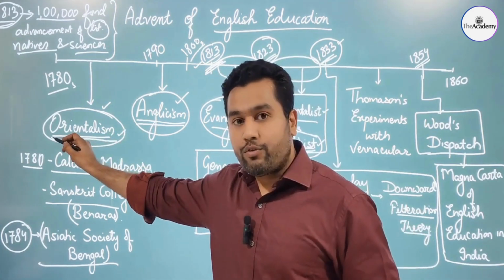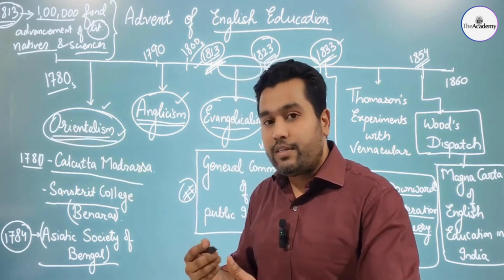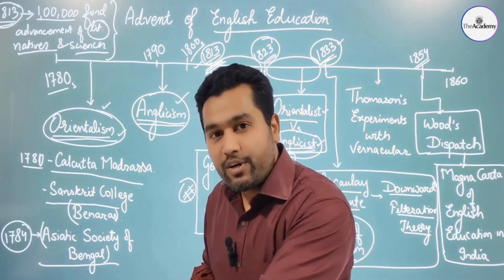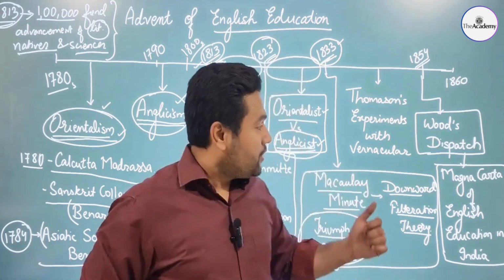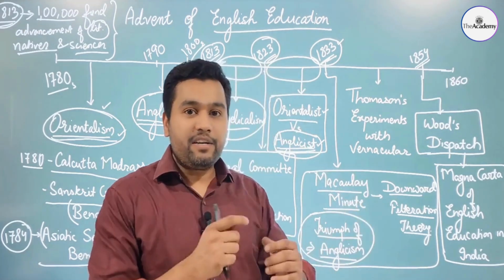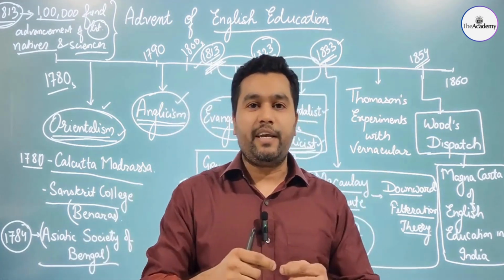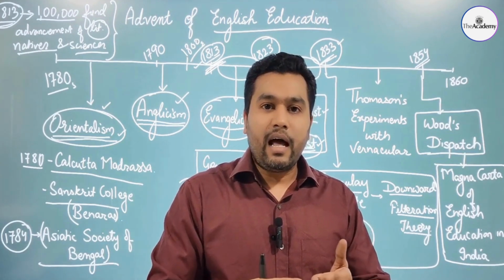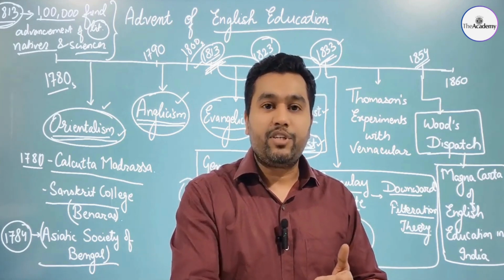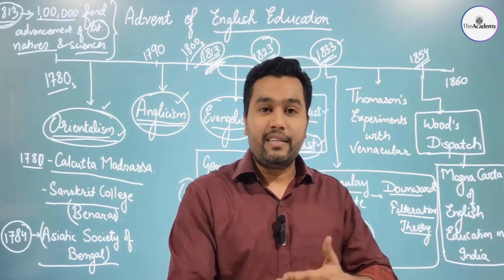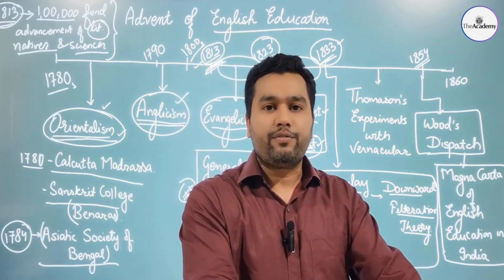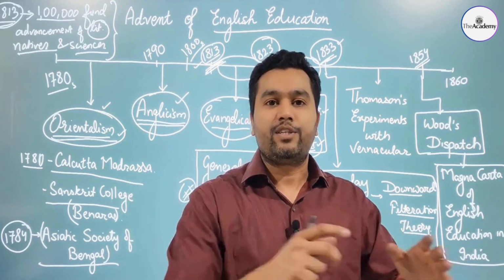So look at the approach of Warren Hastings. Warren Hastings wanted to learn the language, custom and tradition of the subordinate Indians, but Lord Macaulay reversed that policy altogether. Now he is saying let us have this class of subordinate administrators anglicized. Rather than the English learning the language of subordinate officials, let the subordinate officials learn the language of the English.